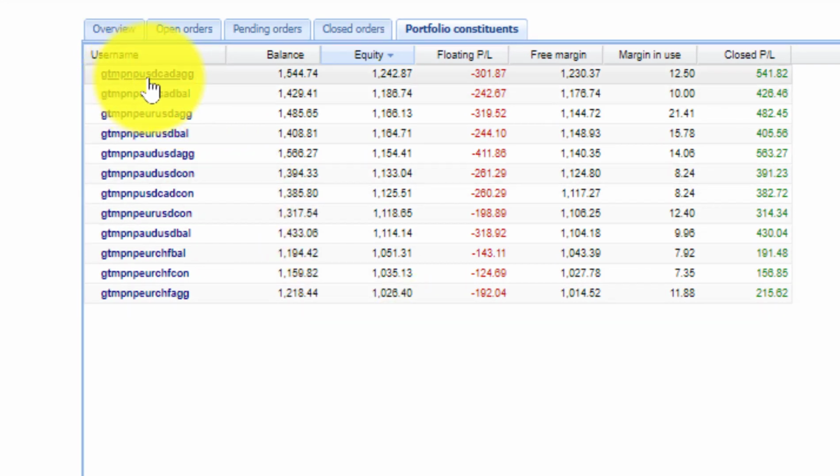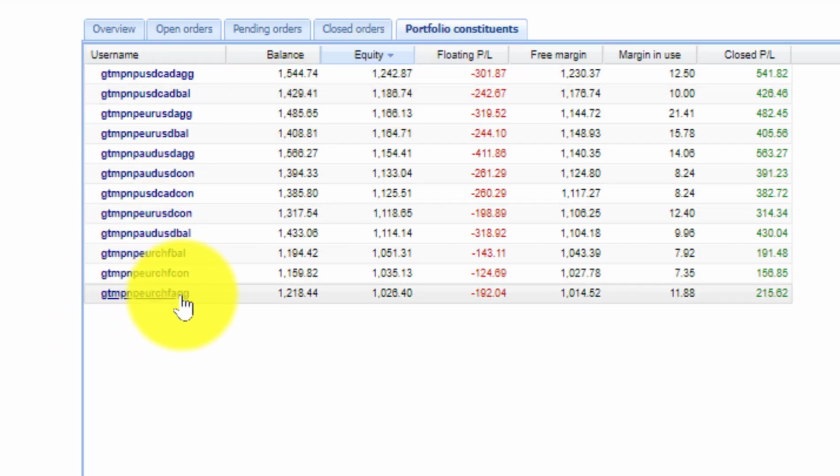So you can see that the US CAD, the aggressive settings, that particular account is doing the best out of all of these accounts, and you can look at the Euro Franc aggressive settings here that is lagging but still nicely positive. So if you were to select a currency or a technique, you could use this as good guidance as to which one to use.